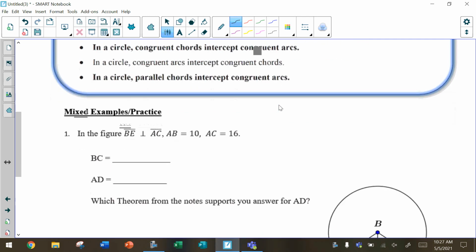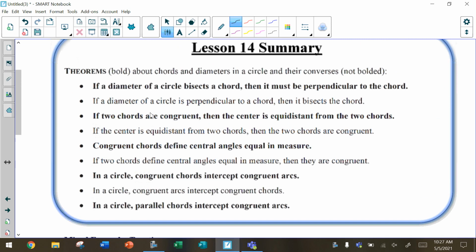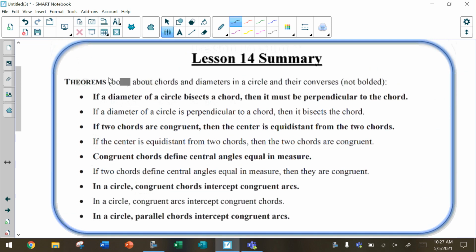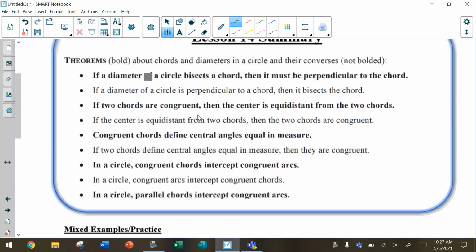And when it asks you to identify which theorem or which property, I want you to write these out in full like you see them here. Not just two words, but if it says, if a diameter of a circle bisects a chord, then it must be perpendicular to the chord, if you're using that property, write it out. If you're using another property, write it out.